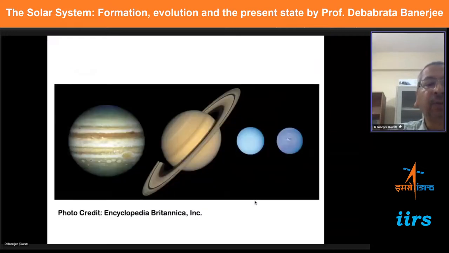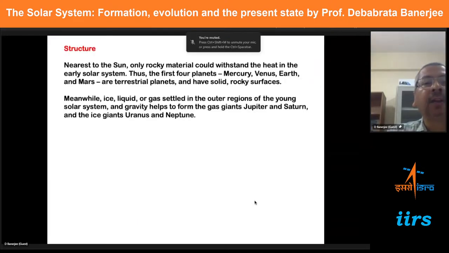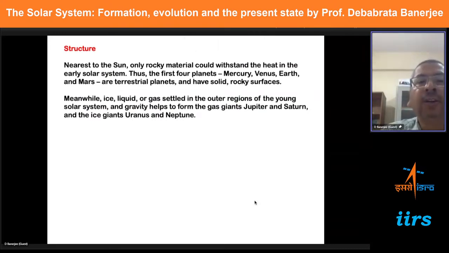So this is a picture of the outer solar system, and you can recognize the different bodies. Nearest to the sun, only rocky material could withstand the heat in the early solar system. Thus, the 4 planets, Mercury, Venus, Earth, and Mars, are terrestrial planets, and they have solid rocky surfaces. But further out, things start becoming cooler.